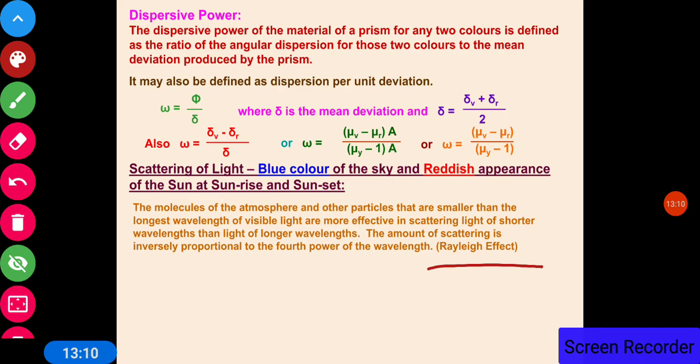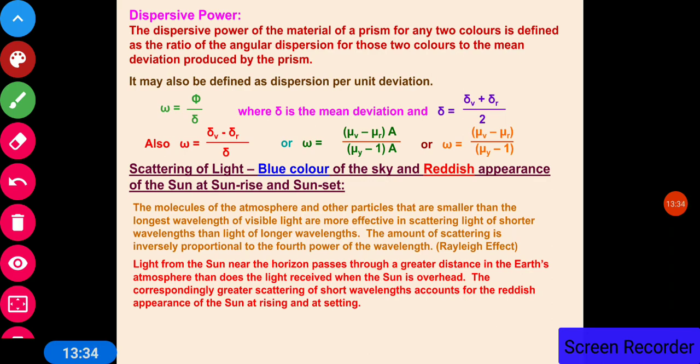That is, scattering is proportional to 1 upon the fourth power of the wavelength. This means the color whose wavelength is larger will scatter less, and the one whose wavelength is smaller will scatter most. In other words, red color has a larger wavelength so it scatters least, and violet color scatters more.